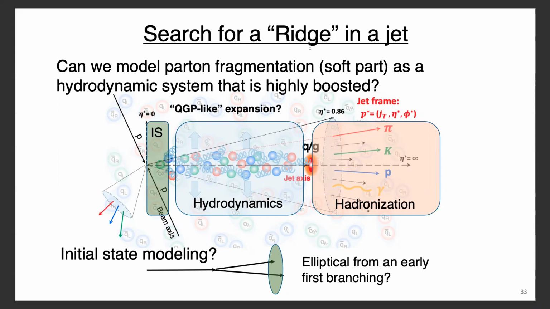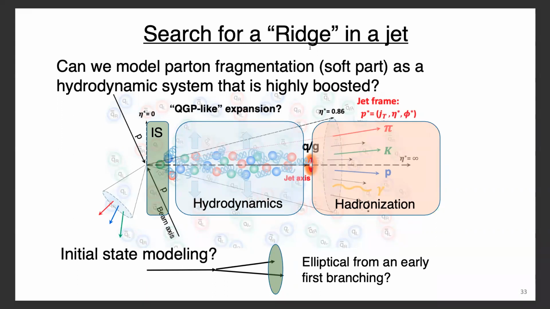No, but you have a hotspot, and this hotspot is different from a heavy-ion collision where they are at midrapidity and not boosted. Here they are actually highly boosted and probably produce a lot of partons, including the leading parton from the branching.